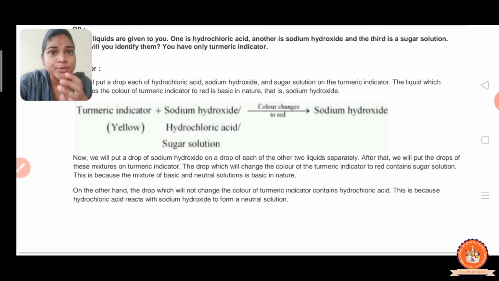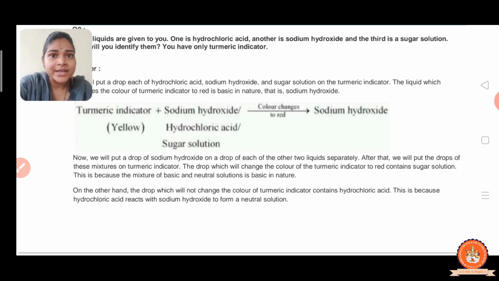But when you add an acidic solution to a neutral solution, it turns acidic in nature. Right? So here we add the sodium hydroxide to the sugar solution. It means the sodium hydroxide is basic in nature, so the solution turns into a basic solution.